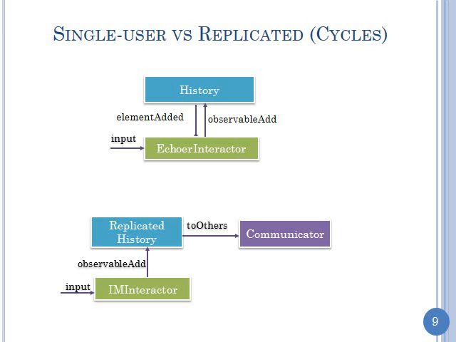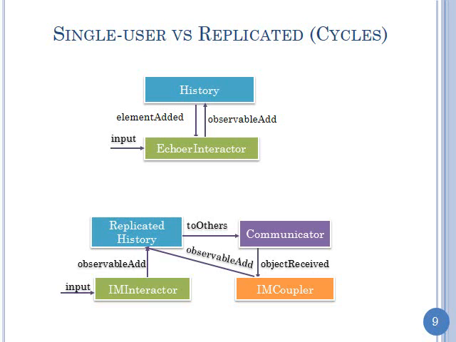Now what's going to happen? Some callback is going to be executed when a message arrives. So in some object, in my coding that's called the IM coupler object, that then should do what? Call observable add, right? So that we can go and notify the interactor. And if I do that, what happens?